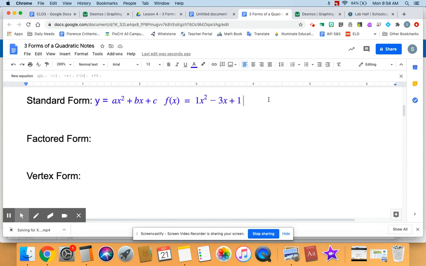But I could change it, and I could write it in something called factored form. And here's what factored form generally looks like.